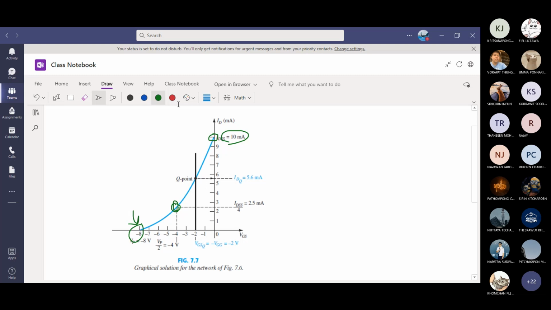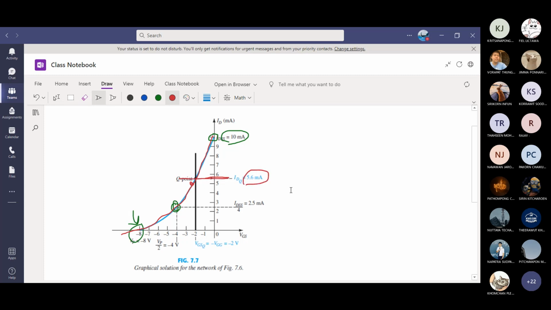So see where the point intersects. At 5 milliamp, it is around here, -2.4. And then if you join all the lines smoothly, you have this curve. From this curve, you get IDQ, because this is the Q point, 5.6.